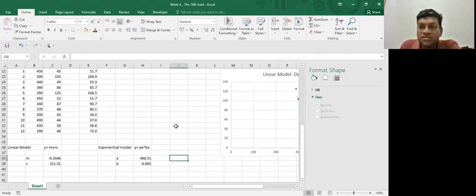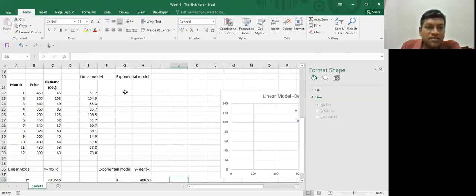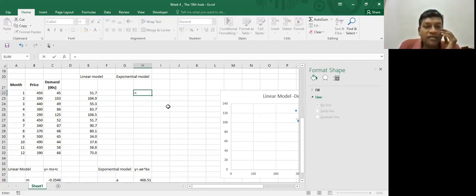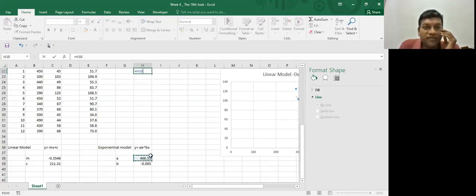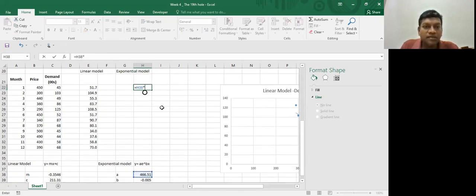Now we use this exponential model and estimate the demand. As earlier, say y is equal to a e raised to bx. A, I'm referring to 466.51, multiplied by e, that is exponential.